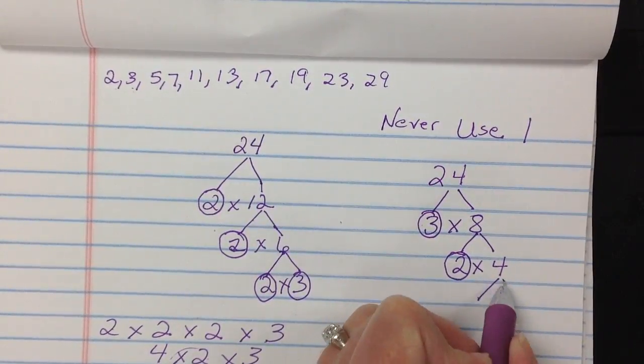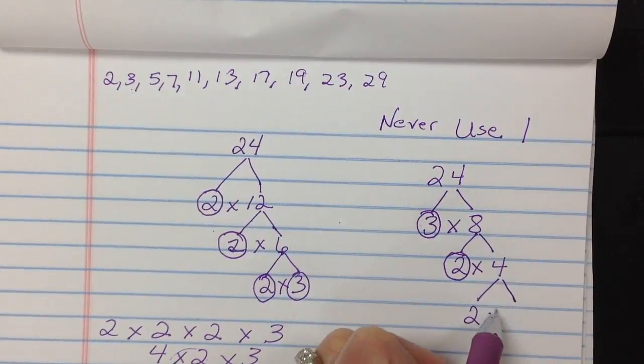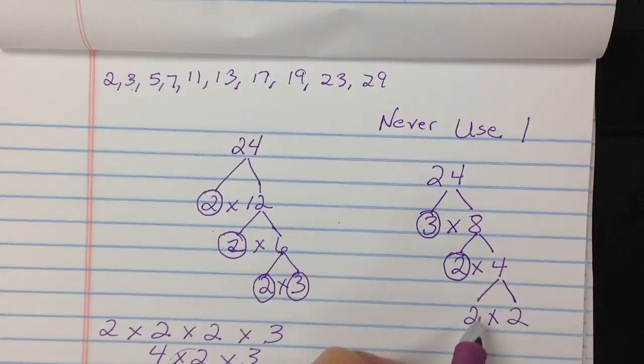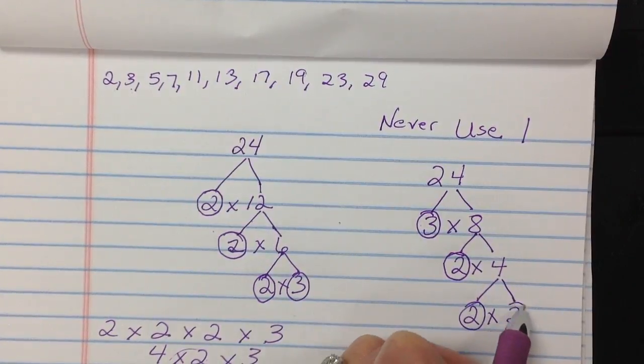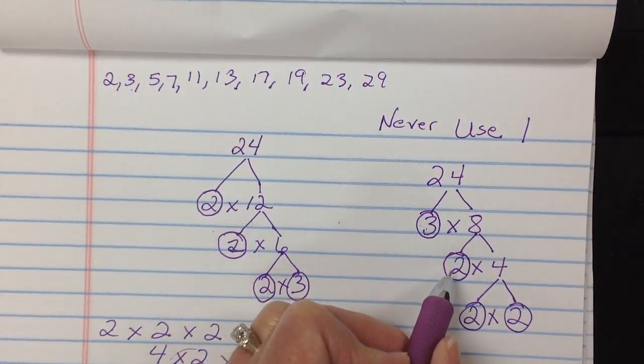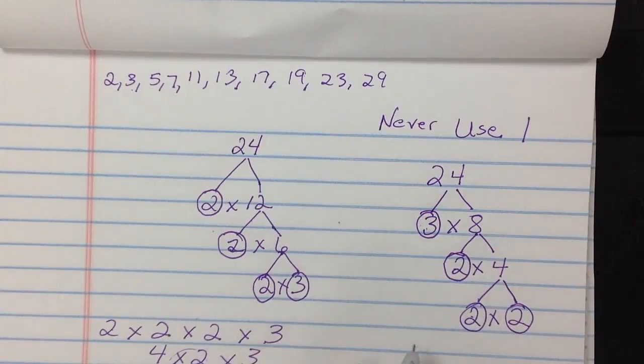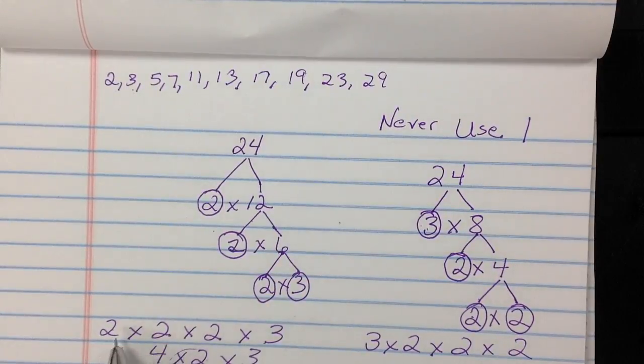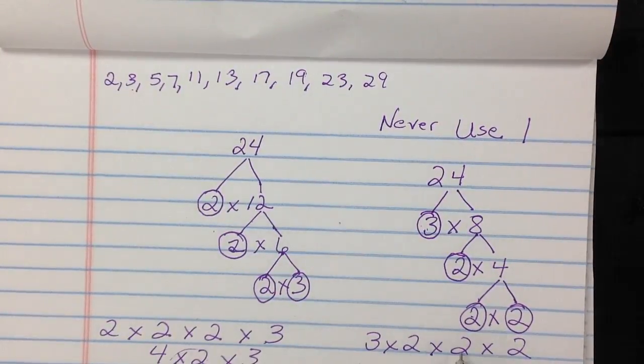No. 4 is 2 times 2. Now, 2 and 2 are prime. So I have 3 times 2 times 2 times 2. Well, look over here: 1, 2, 3 twos, and my 3.